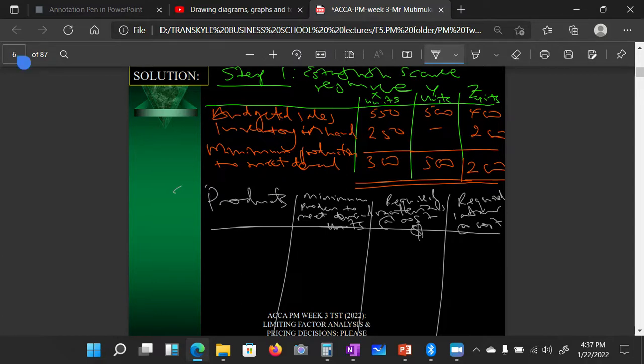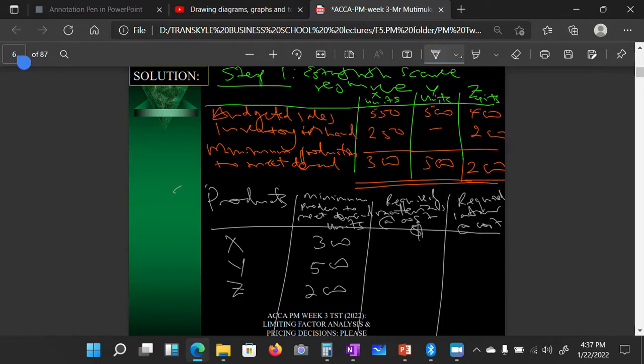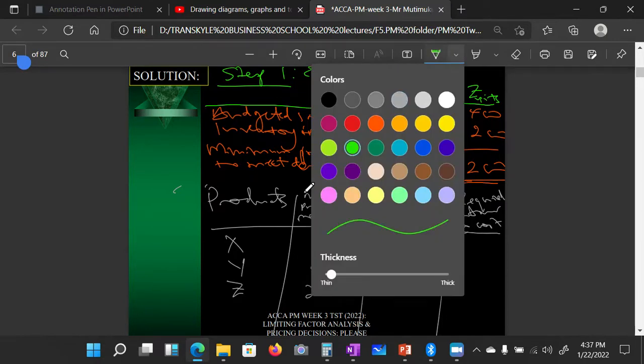We haven't started any rankings yet, so do not worry about the ranking. X, Y, Z, just slot them in their order for now. Like I said, we need to produce 300, we need to produce 500, we need to produce 200. Where am I getting these figures? It's very, very simple. We are getting them here.